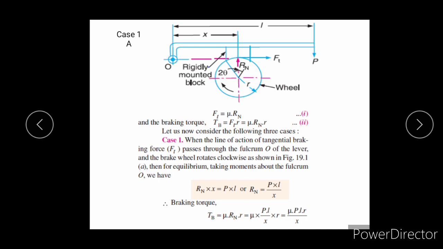Second one is sigma Fy is equal to 0. It means the algebraic sum of all the forces acting in y direction or vertical direction is equal to 0. And the third one is that the algebraic sum of moments about a point of all the forces acting on the system must be equal to 0.